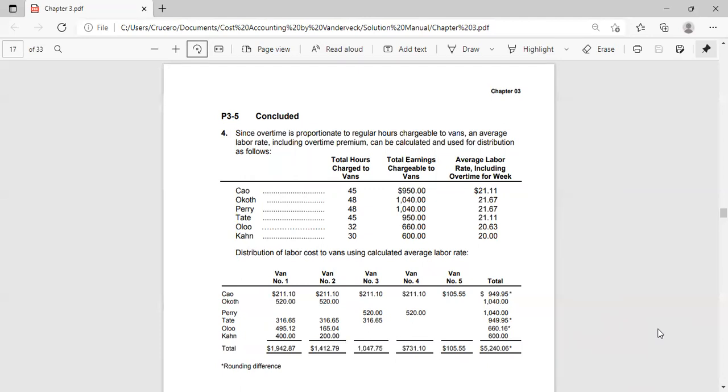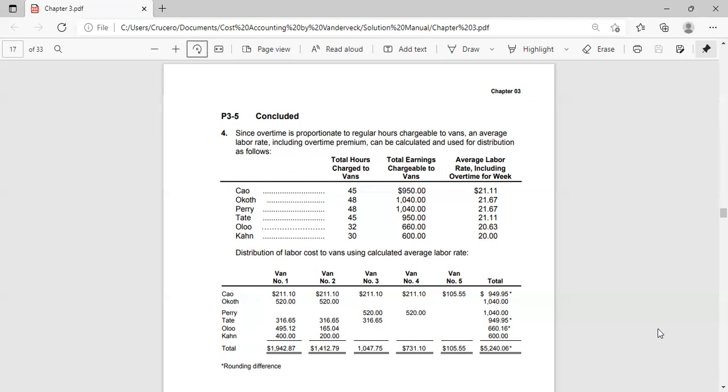Since overtime is proportionate to regular hours chargeable to vans, an average labor rate including overtime premium can be calculated and used for distribution as follows. So we have now the total hours charged to vans, then we have the total earnings chargeable to vans, and the average labor rate including the overtime for the week.